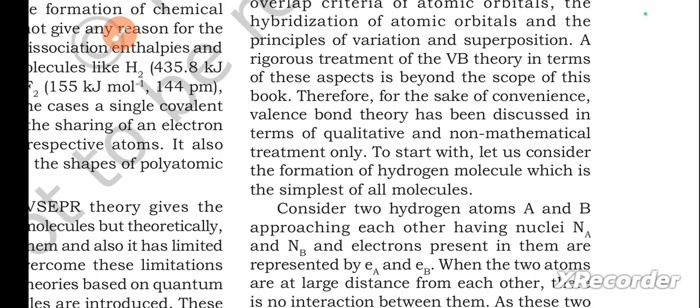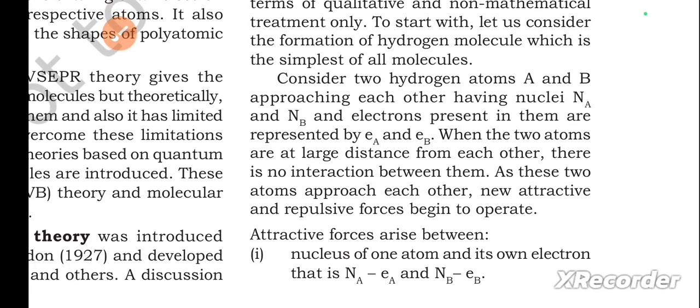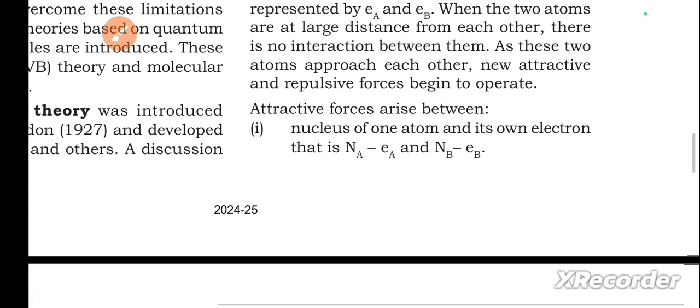To start with, let us consider the formation of the hydrogen molecule, which is the simplest of all molecules. Consider two hydrogen atoms A and B approaching each other, having nuclei Na and Nb, and electrons present in them represented by Ea and Eb. When the two atoms are at large distance from each other, there is no interaction between them. As these two atoms approach each other, new attractive and repulsive forces begin to operate.